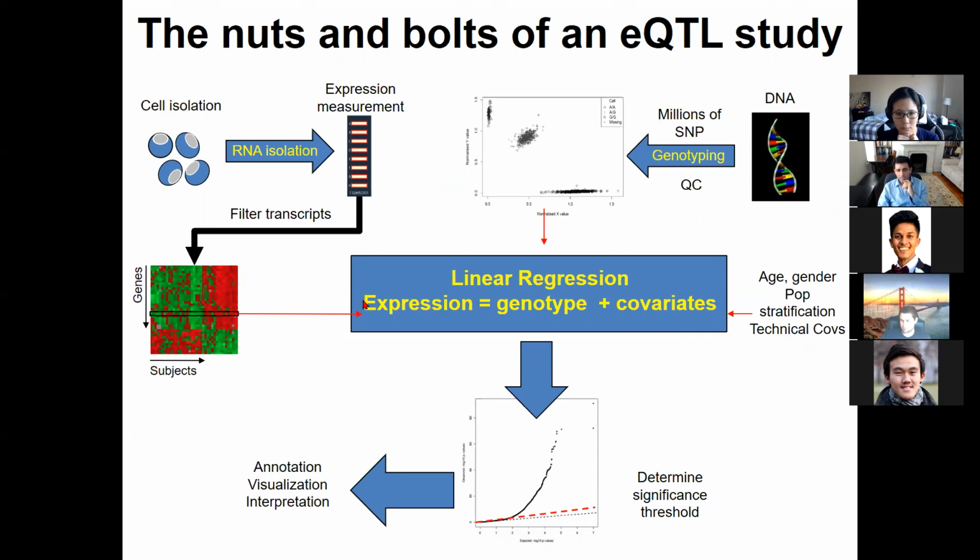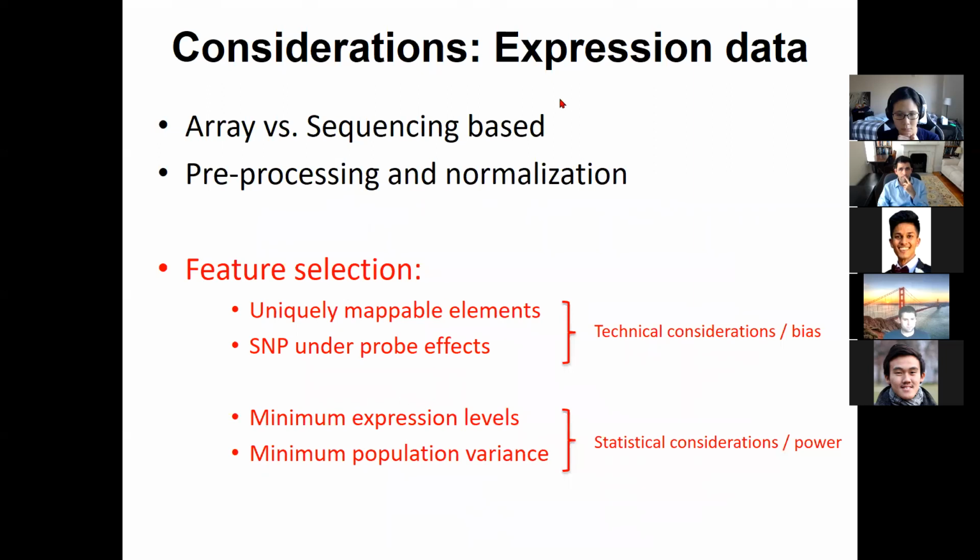And we're going to be asking how much of the expression can I predict as a function of genotype plus covariates. And then we're going to be looking at every single SNP in this QQ plot to look for what is the right significance threshold where the calibration is very good, and then it starts deviating from that. And then we can annotate them, we can visualize them, we can interpret them, and so on and so forth.